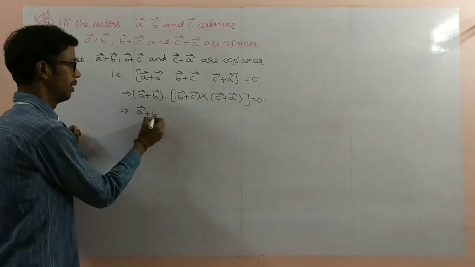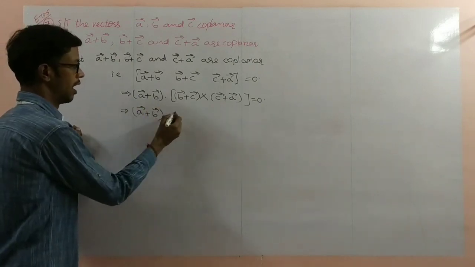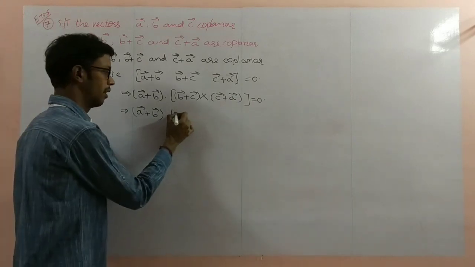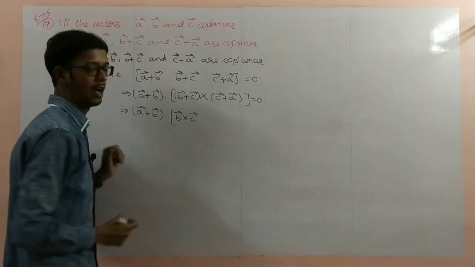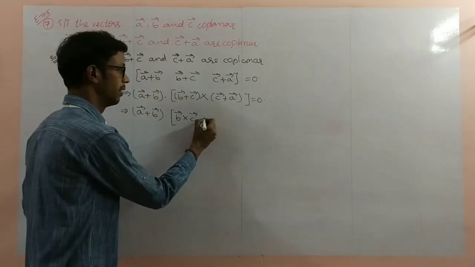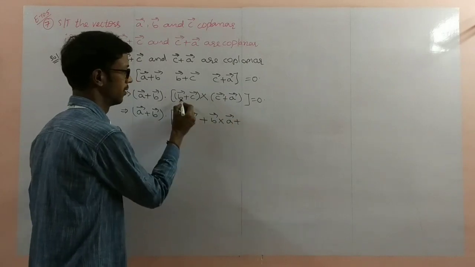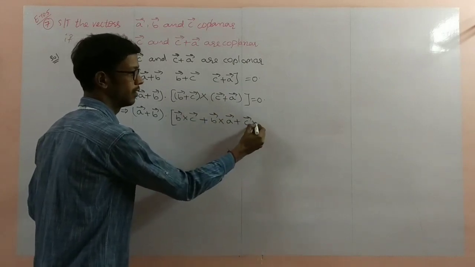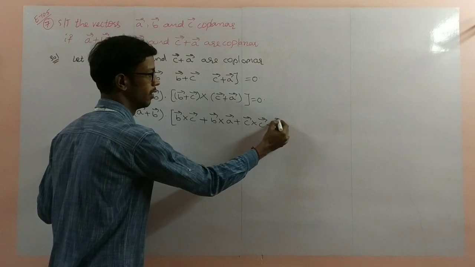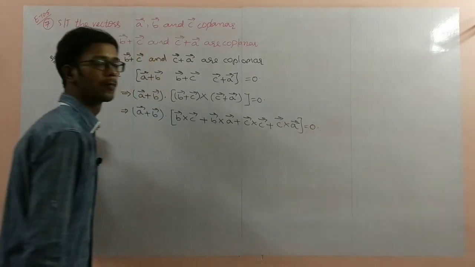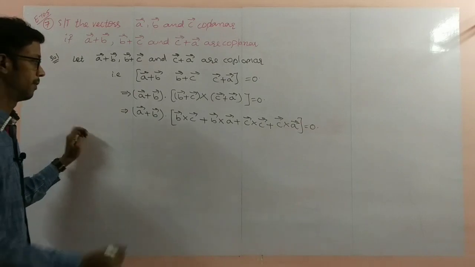A bar plus B bar dot of B bar cross C bar, plus B bar cross A bar, plus C bar cross C bar, plus C bar cross A bar.